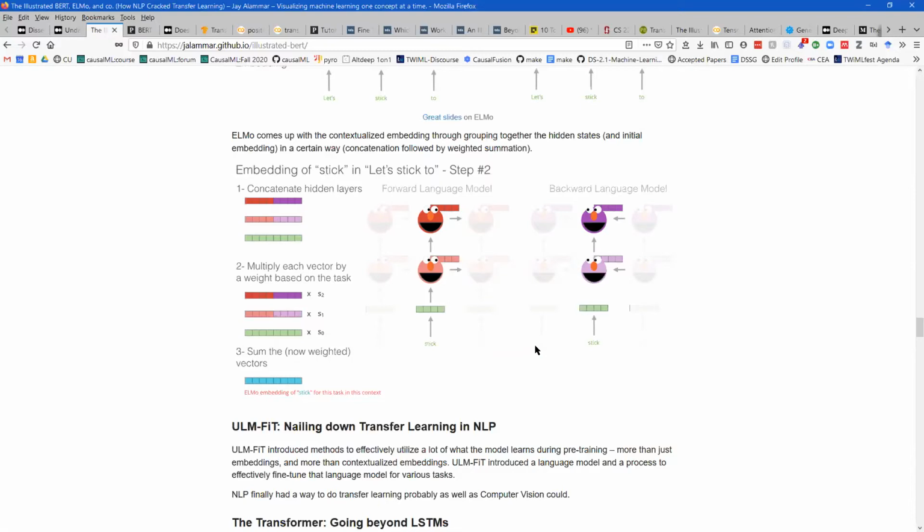For example, for NER, maybe S2, that is the hidden state at second level, is more important than S1. And maybe for some other task, S1 is more important, I mean, the hidden state at first level is more important than the hidden state at 2.